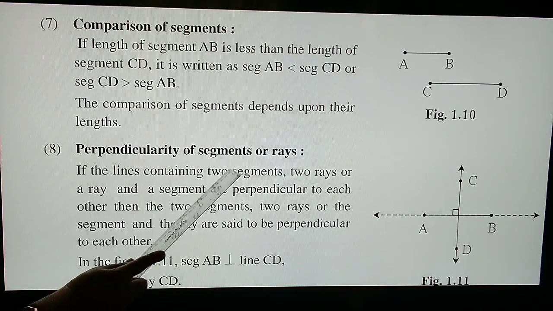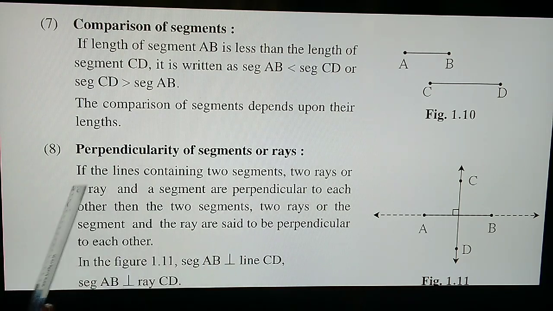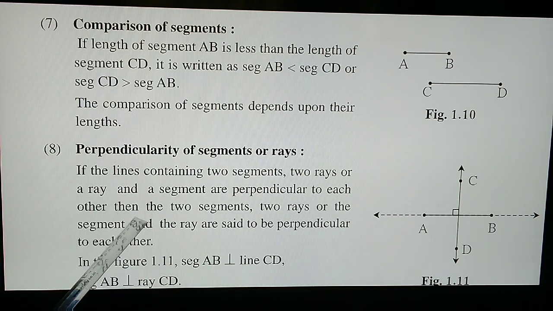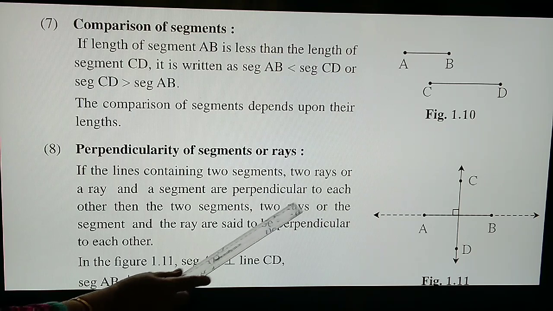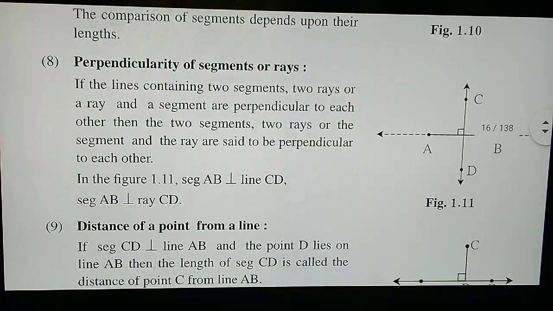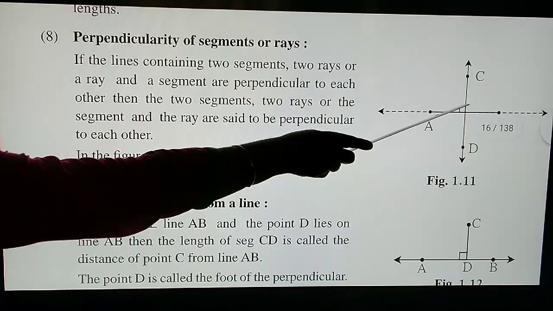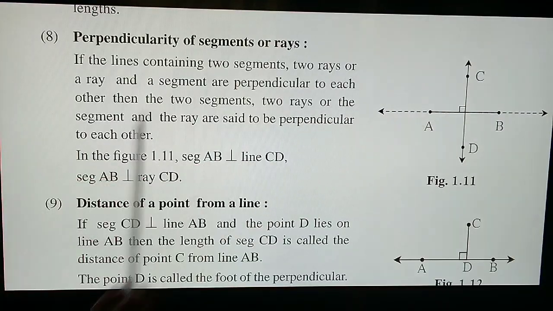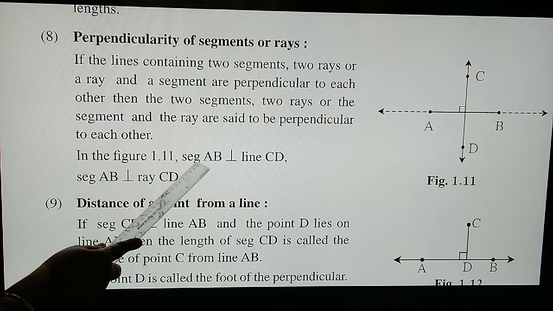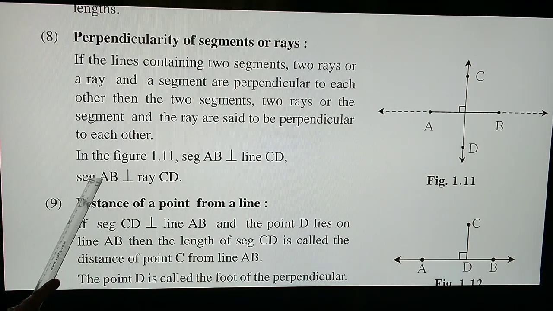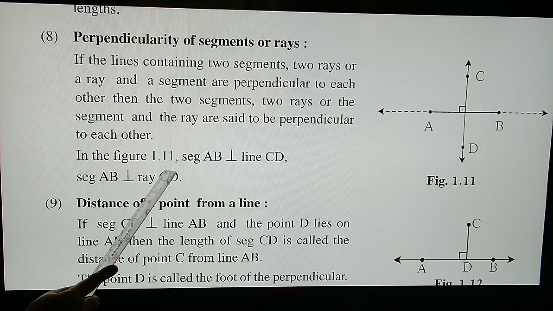If the lines containing two segments, two rays, or a ray and a segment are perpendicular to each other, then the two segments, two rays, or the segment and the ray are said to be perpendicular to each other. It means they make an angle of 90 degrees. Then that segment and that ray are perpendicular to each other. So we write segment AB perpendicular to line CD, and segment AB perpendicular to ray CD.